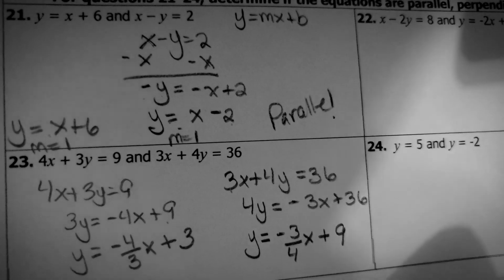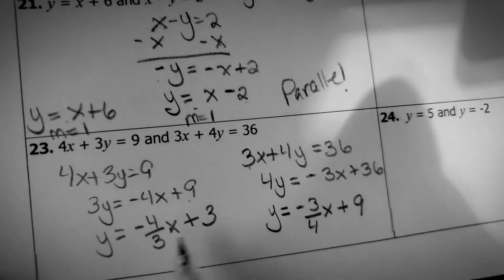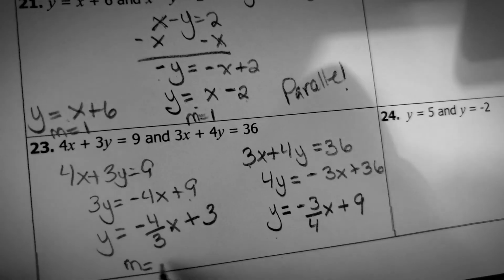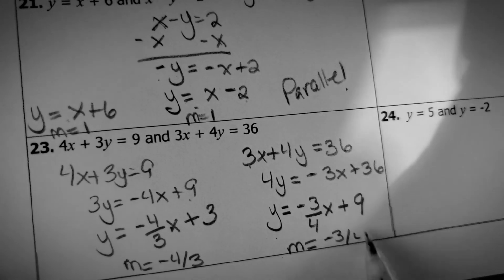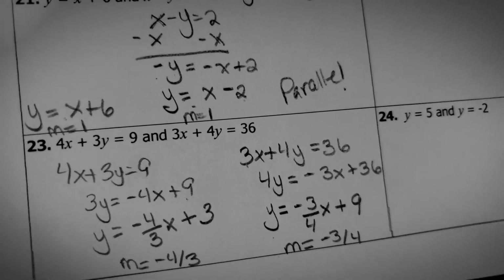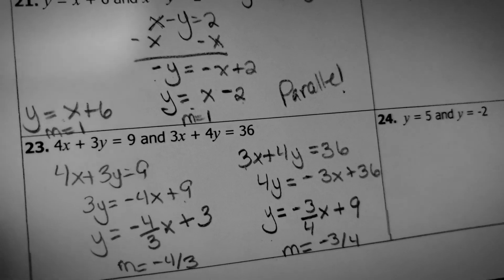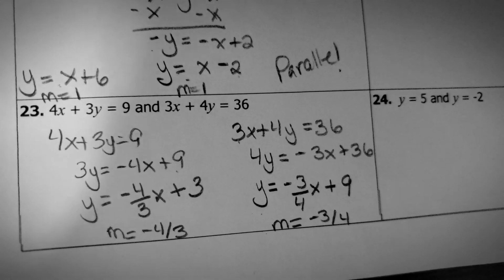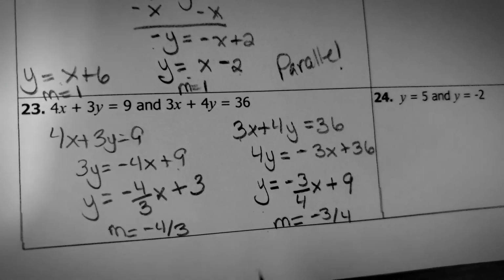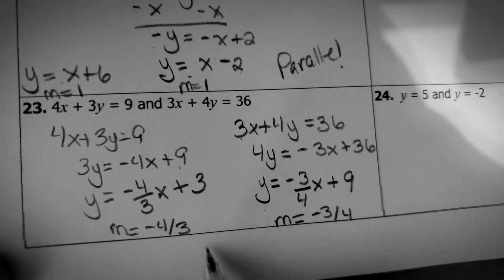Okay, so here my slope is negative 4/3, and my slope here is negative 3/4. Now negative 4/3 and negative 3/4 are reciprocals of each other, but they're not opposite reciprocals because they both have the same sign. They're both negative. So these lines are neither parallel nor perpendicular.